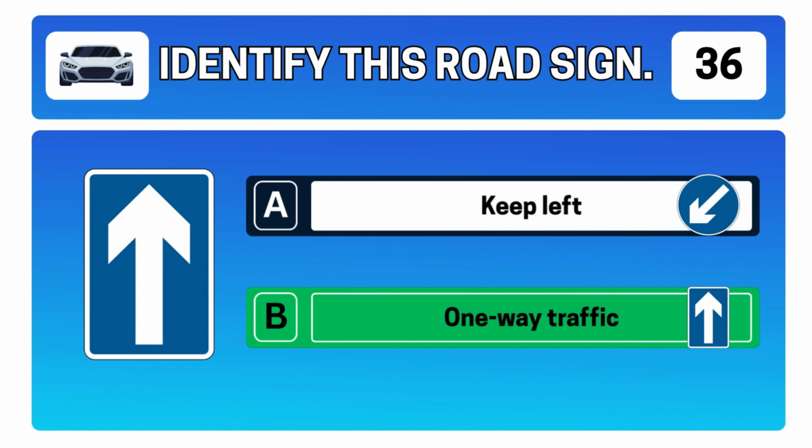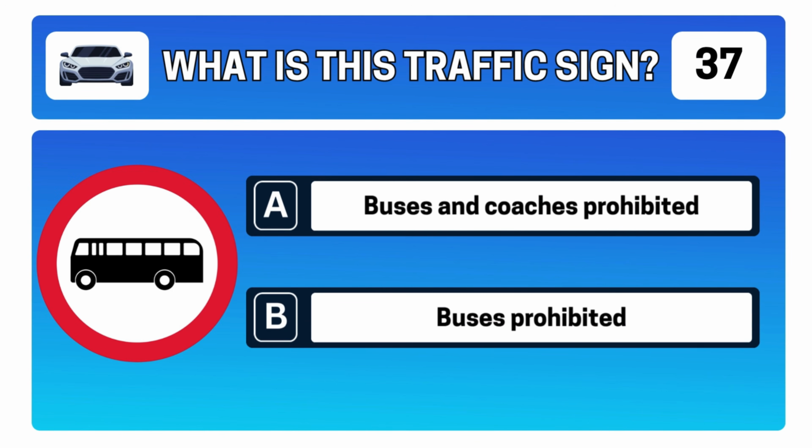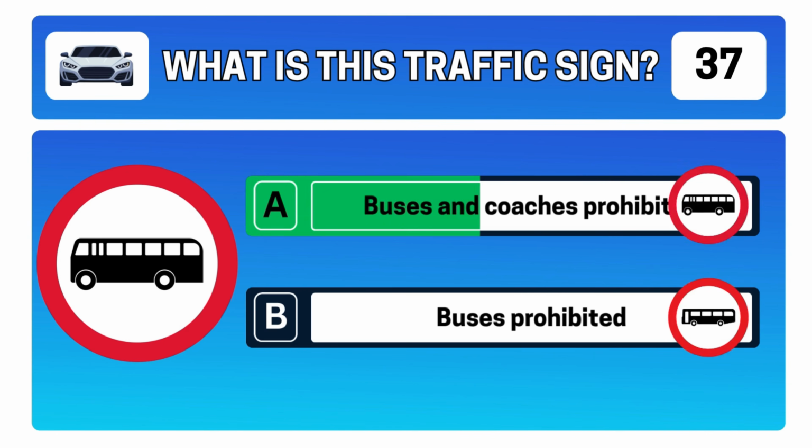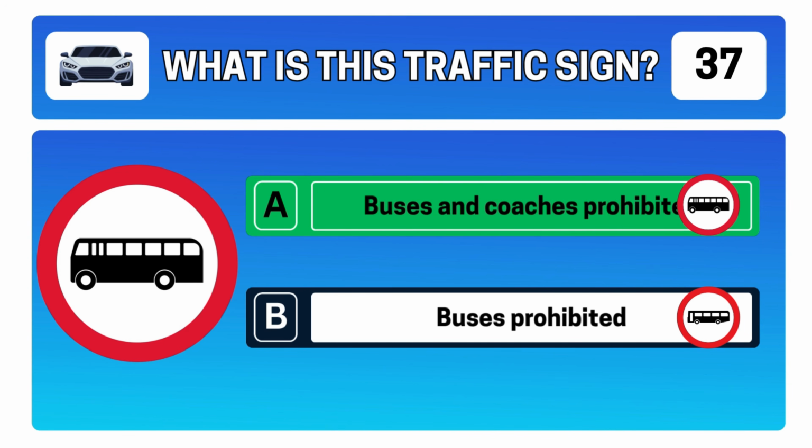Good observation. It is the one-way traffic sign. What is this traffic sign? A. Buses prohibited. B. Buses and coaches prohibited. Right. It is the buses and coaches prohibited sign.